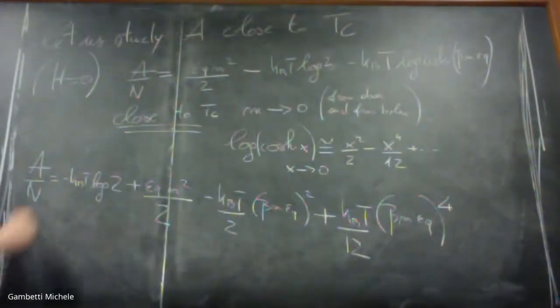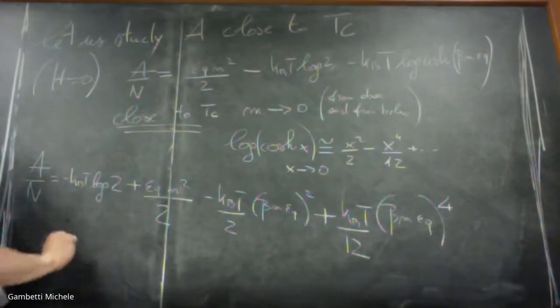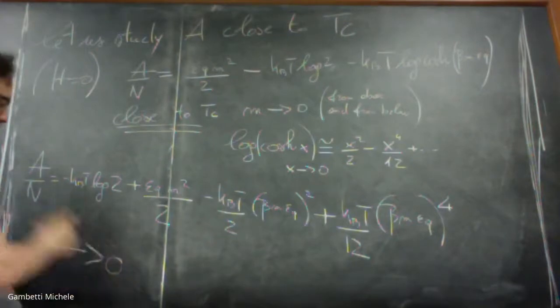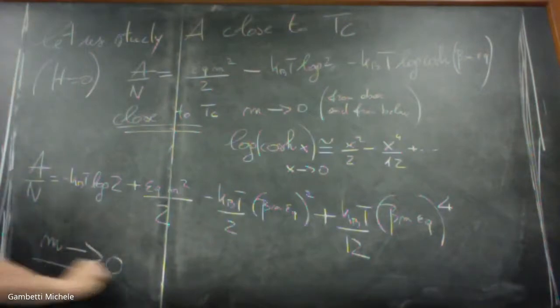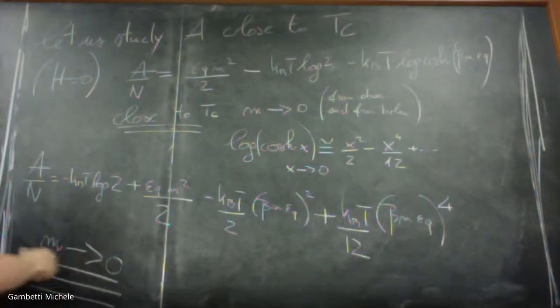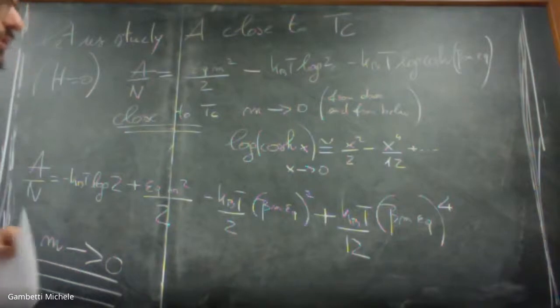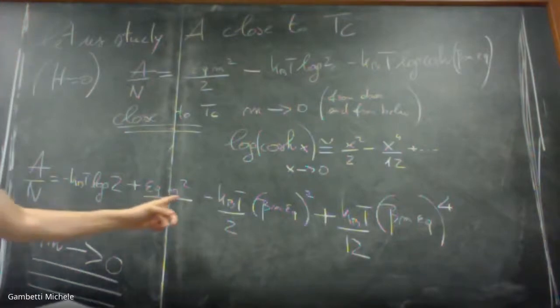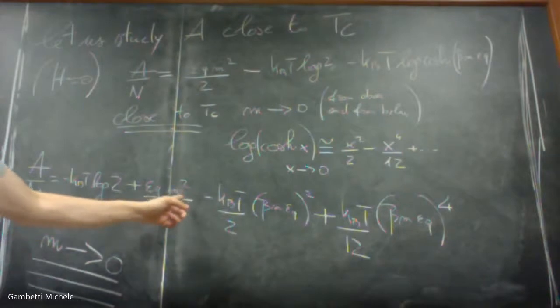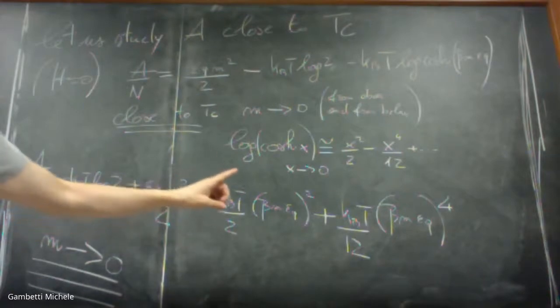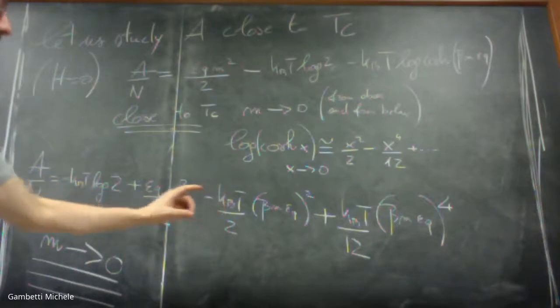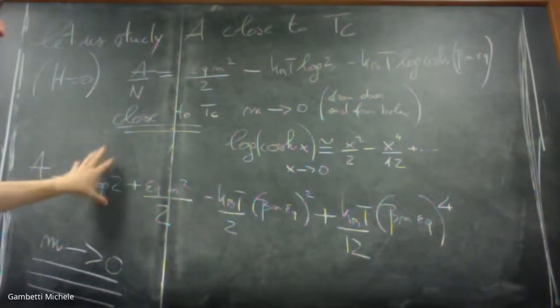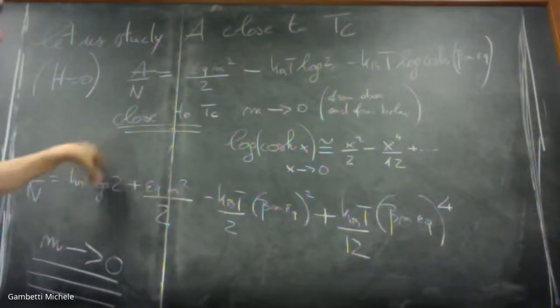Okay, so this is the expansion of the free energy per particle close to the critical point, so when m is approaching 0, from below, because from above m will be negative. So you see now that this has a very interesting behavior, in the sense that there's a constant term, constant with respect to m, so it's just a shift.